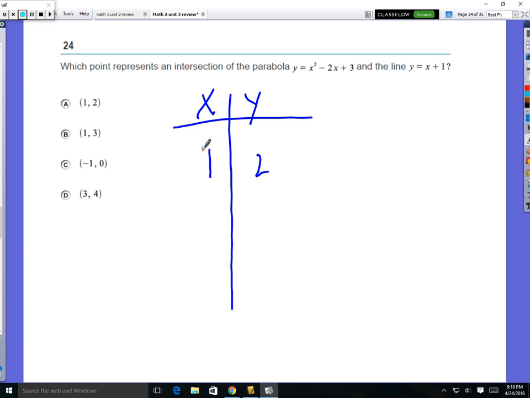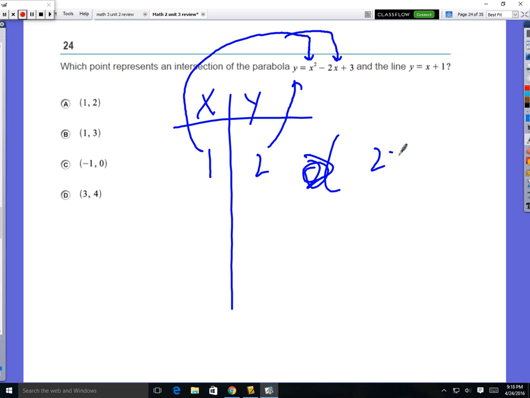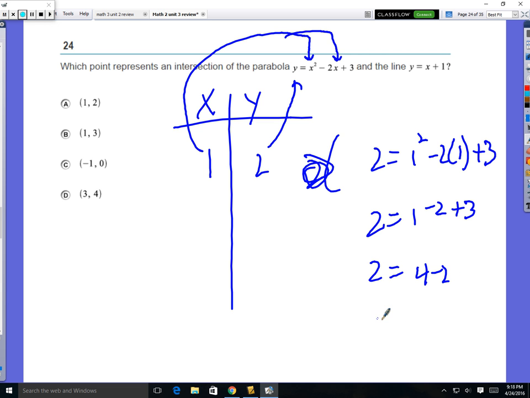Does 1 really give you 2? Let's put 1 here and see if it really gives 2. Does 2 equal 1 squared minus 2 times 1 plus 3? 2 equals 1 squared is 1, minus 2, plus 3. Yeah, I think so. 2 equals 1 and 3 is 4, 4 minus 2, so 2 equals 2. So it checks for that one.